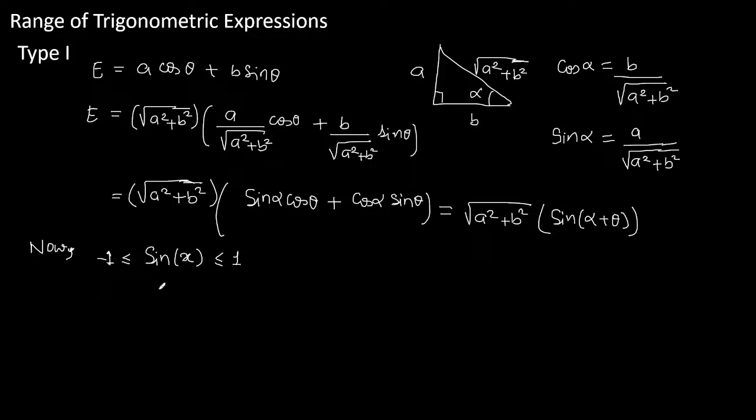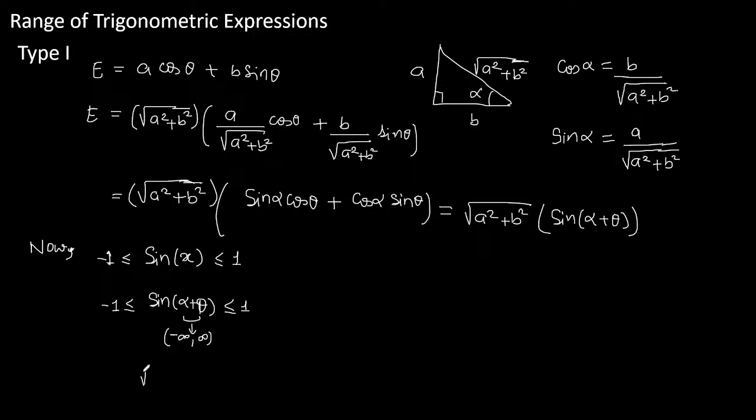So sin alpha plus theta will also be between -1 to 1 for different values of alpha plus theta. Yes, the maximum value will go to 1 and minimum will be -1, because the range of x will be varying from minus infinity to infinity.